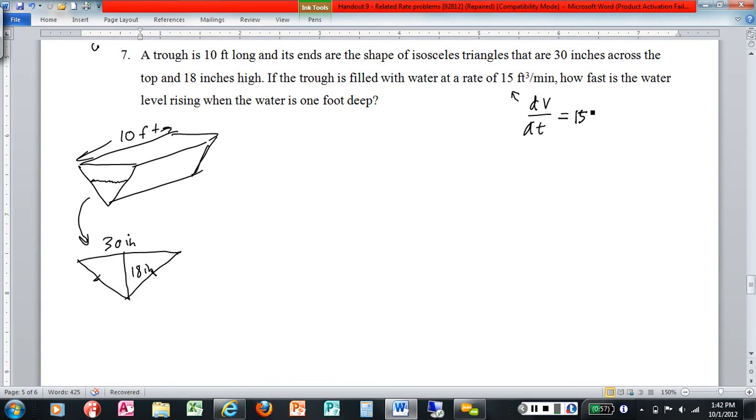Okay, well, here's the thing. You've got your height of your water, and that's what we're focusing in on. We want to know how fast that's changing, the rate of change of that height. So aren't we looking for dh dt when h is 1 foot deep?